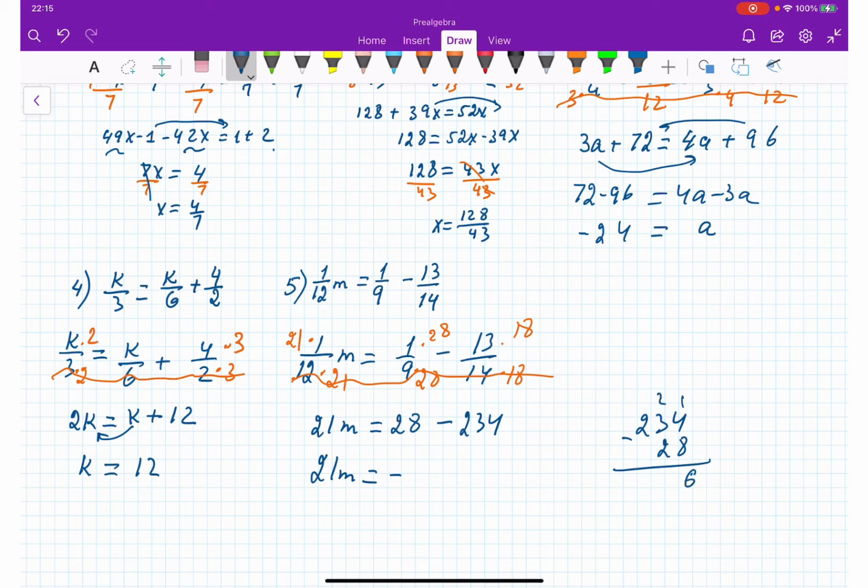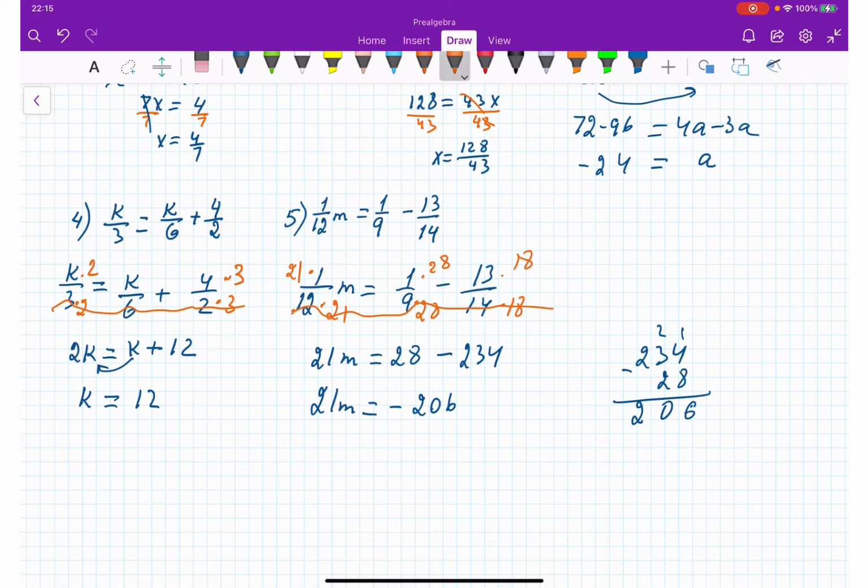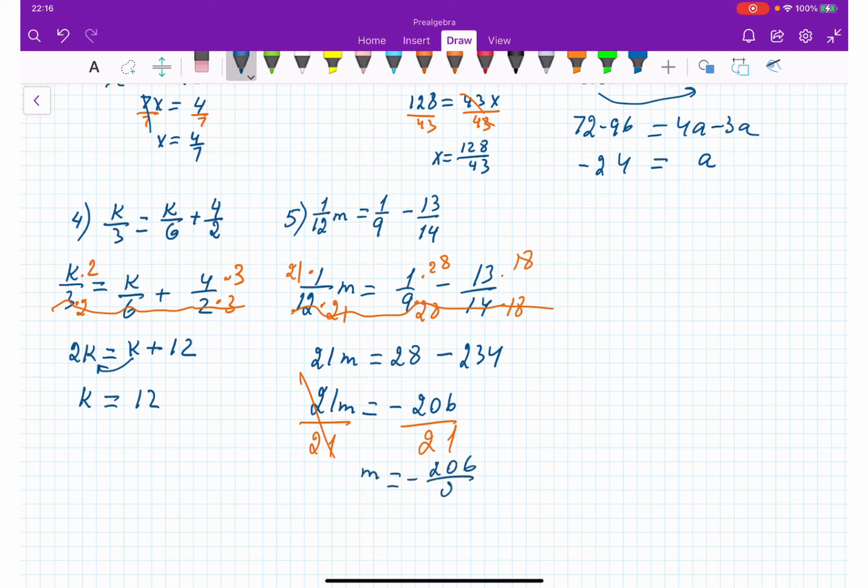Here we have left 2, 0, and 2, 206. And we are going to divide by 21. Okay. And the answer is m is equal to negative 206 over 21.